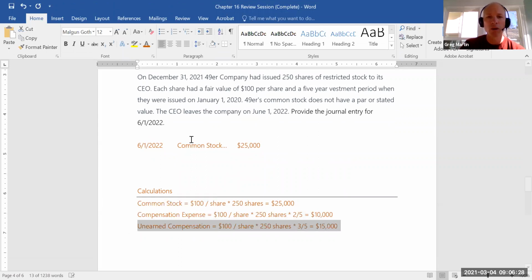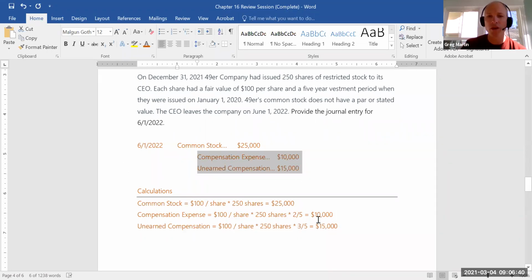And with the unearned compensation, 3/5 is still sitting in our unearned compensation account, 2/5 and 3/5. And so then our journal entry reflects that 2/5, 3/5 proportion. Now, if this hadn't happened for another year, let's say it was June 1st, 2023, then the compensation expense would have been 3/5 and the unearned compensation would have been 2/5.